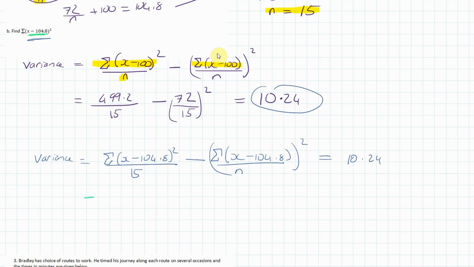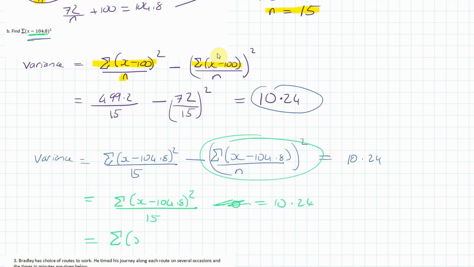Now, let's chuck in some data here. Well, we don't know what this is. That's what we're trying to find. We know that this whole thing here is 0, and we've got 10.24 here. Well, we can ignore that 0. And therefore, we just multiply both sides by 15 to get the sum of x minus 104.8 squared is equal to 15 times 10.24.